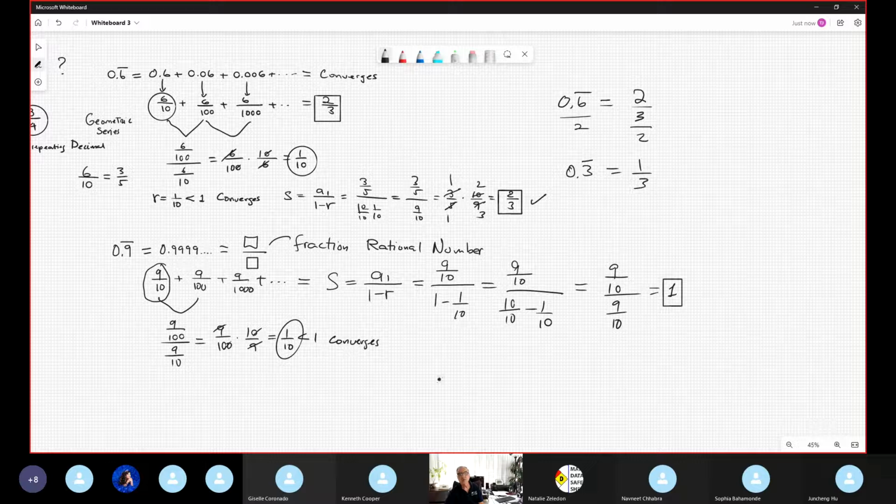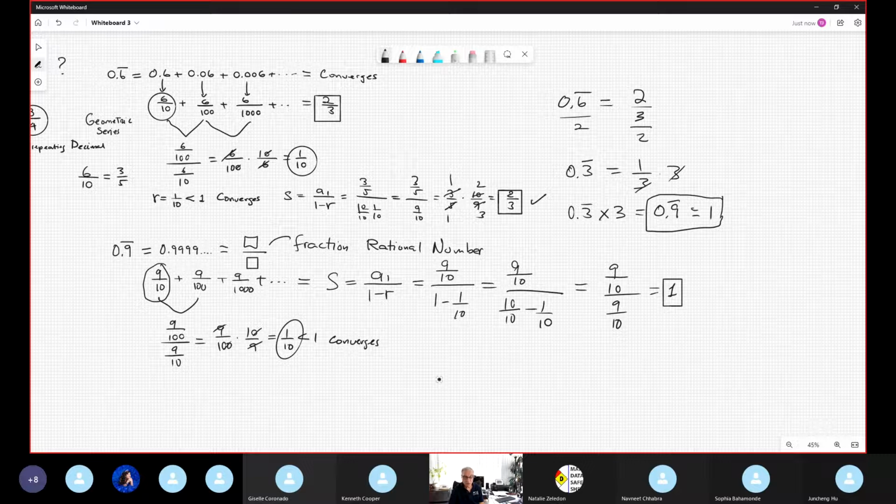Yes or no? Now, if you multiply by 3, 0.3 repeated times 3 is 0.9 repeated. If you multiply 1/3 by 3, the 3s cancel out and the answer is 1. Yes or no? Yes.